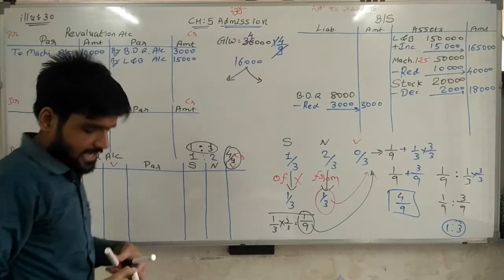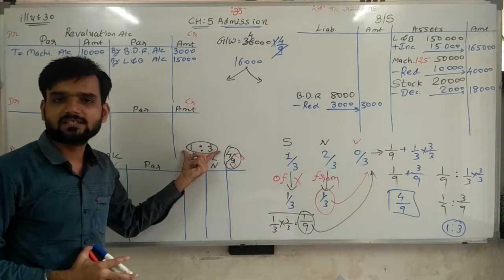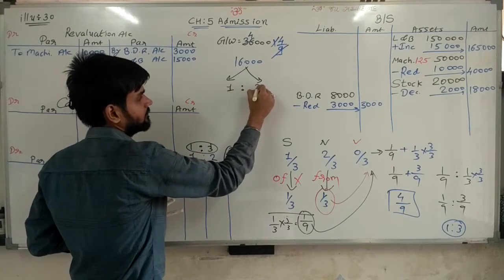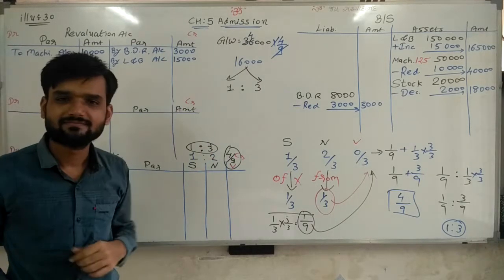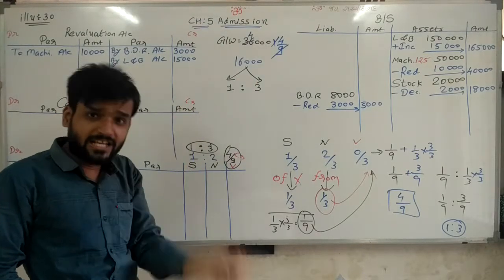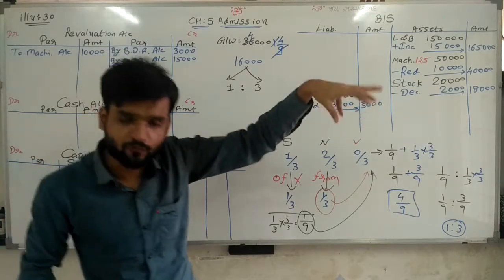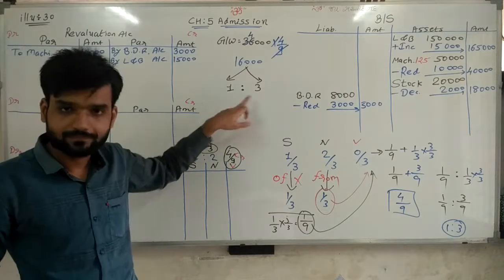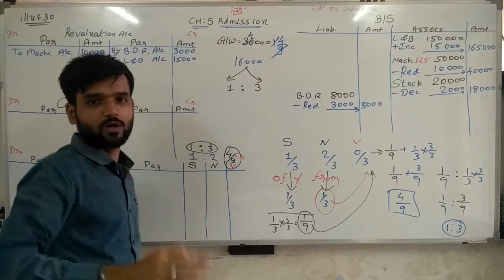Now this 16,000 he brings in cash, and this 16,000 we are distributing among the partners in their sacrifice ratio 1:3. Again I am repeating: whatever share of the new partner is in the new value of goodwill is distributed in the sacrifice ratio.